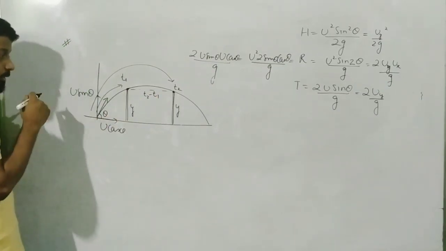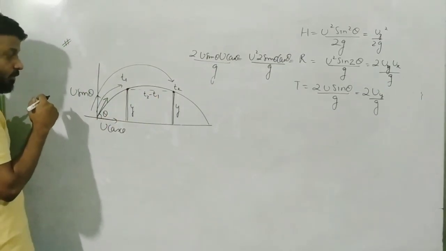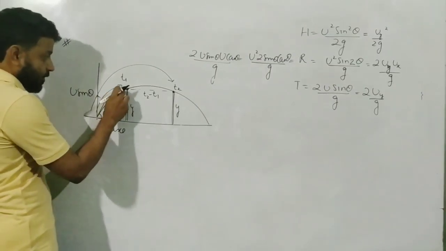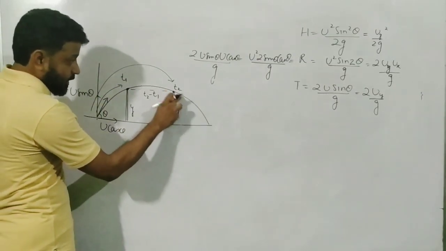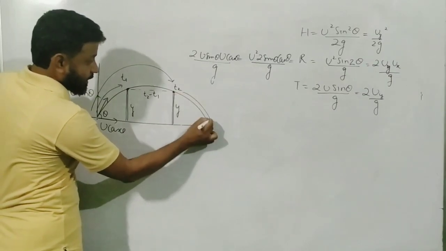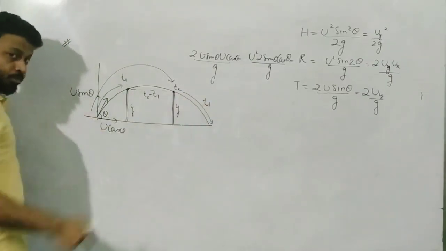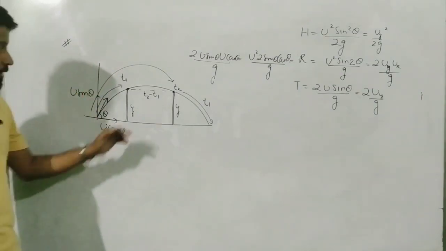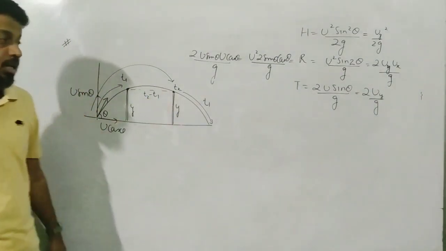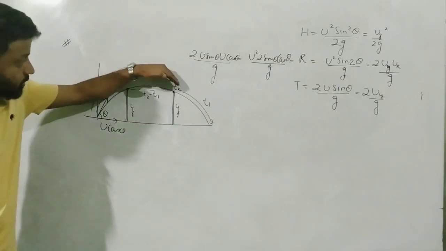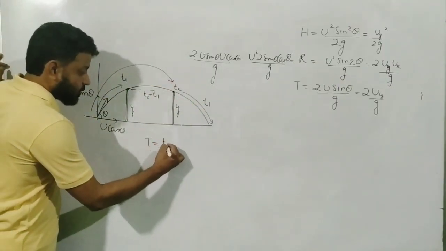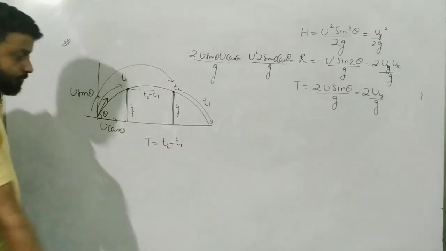Now if I use the concept of time of ascent equal to time of descent, if from here to here it takes a time of t1, definitely from here to here it should again take the same time t1. Very important. So this is t2, this is t1. So what is time of flight? Time of flight is equal to t2 plus t1.